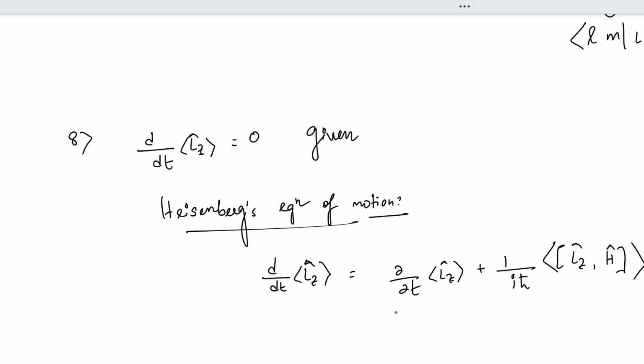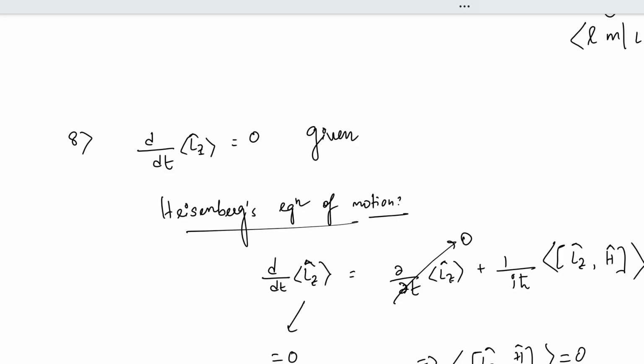So in this case, because there is no explicit time dependence of Lz on t, this part will give you 0 because it is the explicit time derivative, and the left hand side is already given to be 0 as per the question. That means you have the Lz cap, H cap commutator bracket expectation value equal to 0. That means you have the Lz and H cap commutator bracket equal to 0.